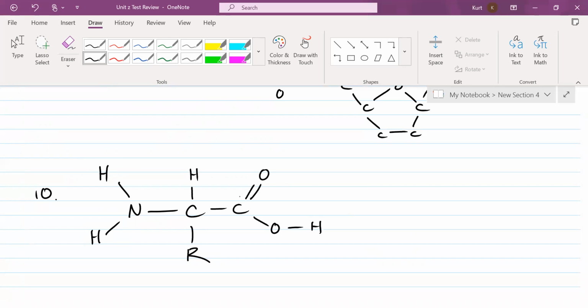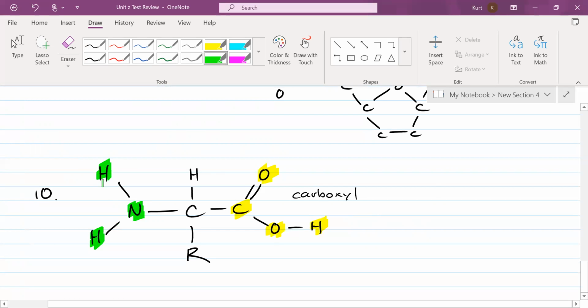Yes, that is C-O-O-H. That is the carboxyl group. The amino group. Nikita, which one is the amino group? The one on the left. NH2. That's right. And the variable R group. Variable means it can change. The R could be a lot of different things. That's what makes them different.